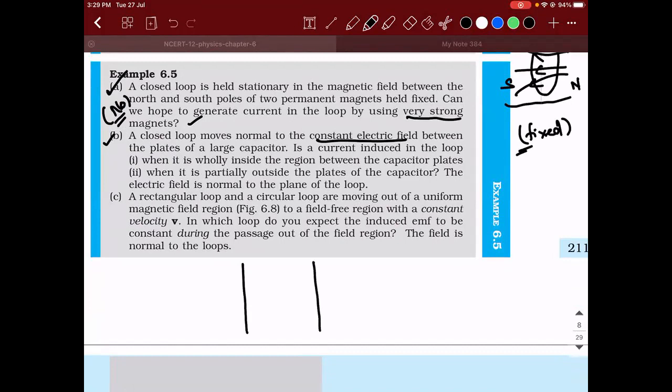We know that the field between the capacitor plates is constant, right? Electric field is sigma by epsilon naught. I hope you remember this. Is a current induced in the loop when the closed loop is wholly inside the region between the plates? When it is like this, is there going to be an EMF induced?